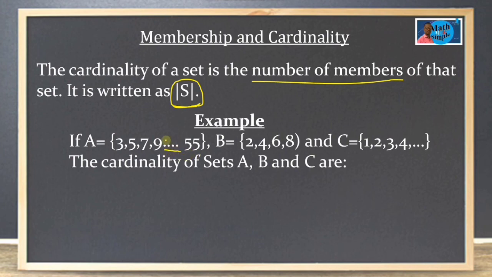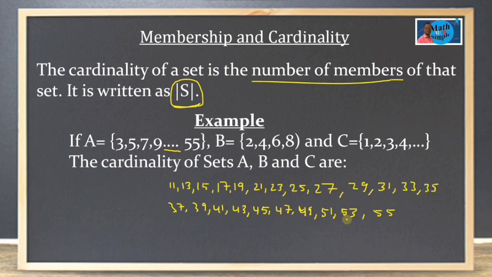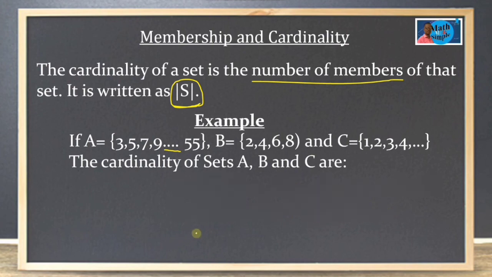So there are other members in between 9 and 55 that are also part of this set. So in order to know how many members there are here, you need to include them. Let's just list them and see. So how many are they? We have 1, 2, 3, 4, 5, 6, 7, 8, 9, 10, 11, 12, 13, 14, 15, 16, 17, 18, 19, 20, 21, 22, 23, 24, 25, 26, 27. So the cardinality of this set is 27.